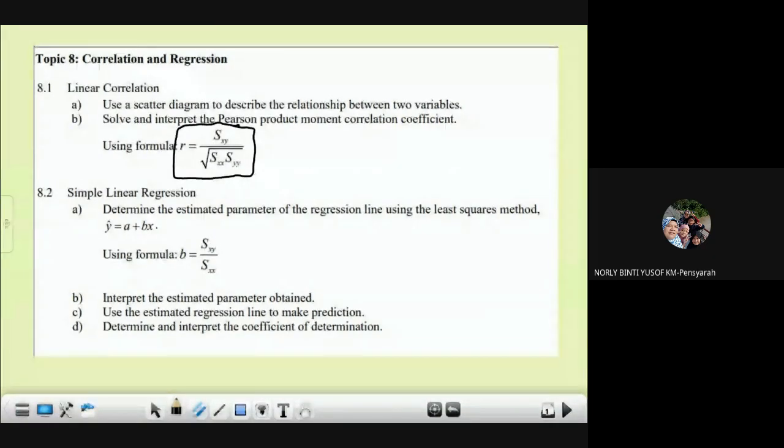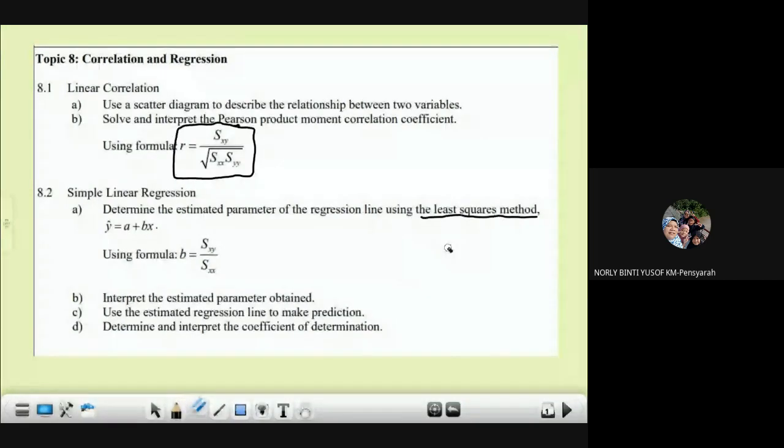And then 8.2 pun sama, Major just explain the learning outcome walaupun kita pergi nanti after cuti if not finish the example. Simple linear regression, determine the estimated parameter of the regression line using the least square method. You guna least square method tapi kalau you perasan this type of function ataupun y equals to a plus bx, this lebih kurang konsep of straight line, y equals to mx plus c, where you have gradient and you have intercept.